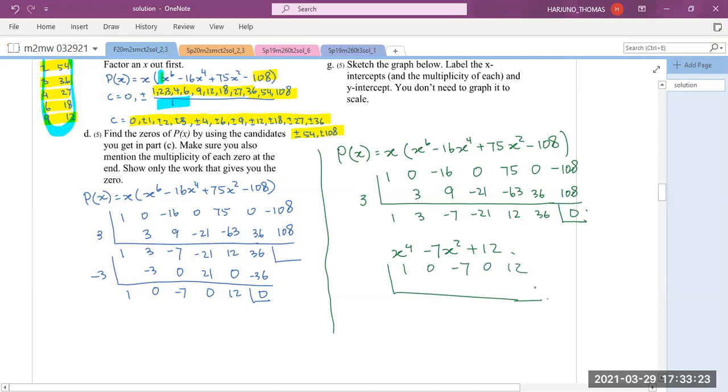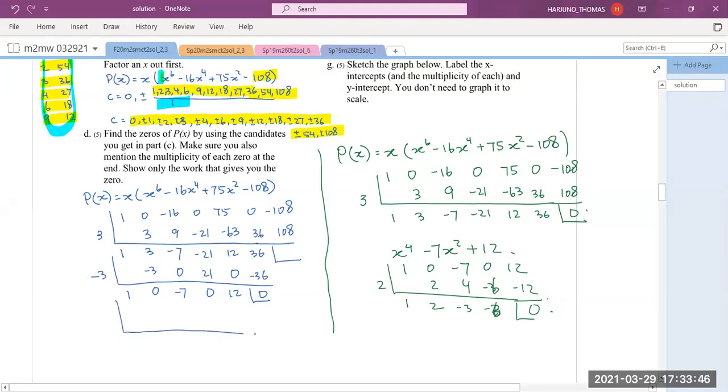Let's try 2. 1, 2, 2, 4, negative 3, negative 6, negative 6, negative 12. Oh, see? 2 is a 0.